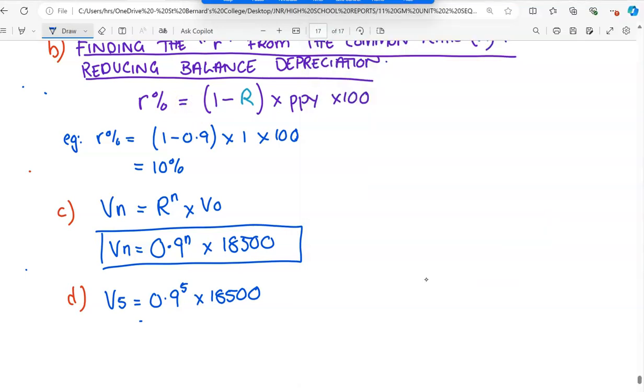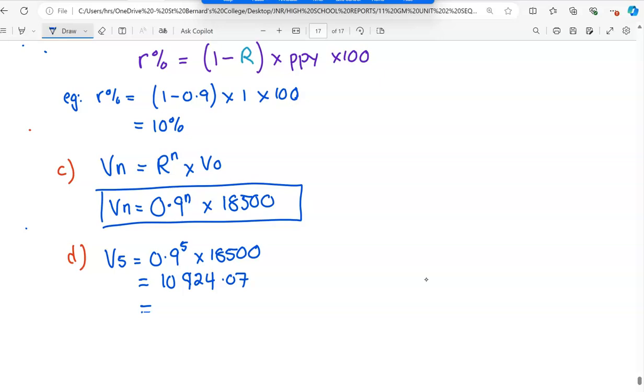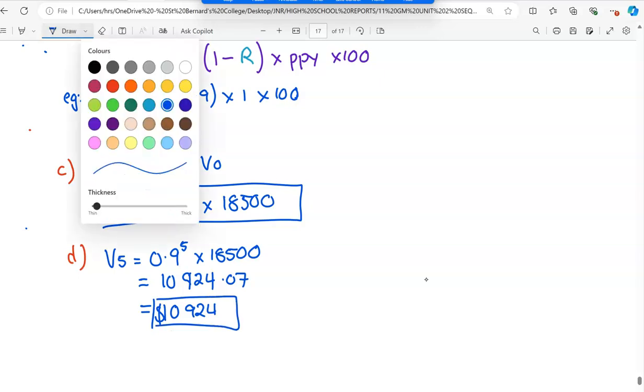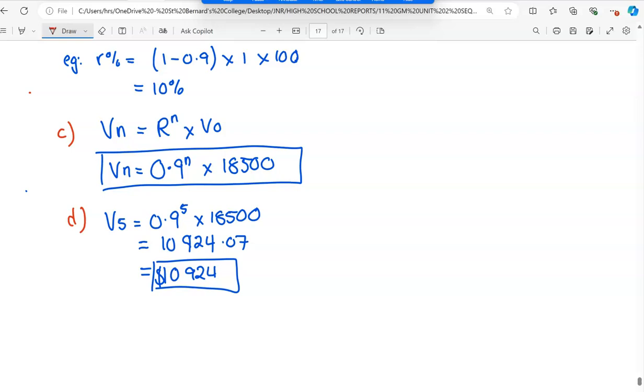So we end up with 10,924.07. Did they ask me to give a value to something? Nearest dollar. Good. So I'm going to say that one is 10,924, because that's the nearest dollar. And that's probably to make sense. Like, you don't ever go to a car yard and they don't give you the sense of it. You just buy it in the nearest dollar.